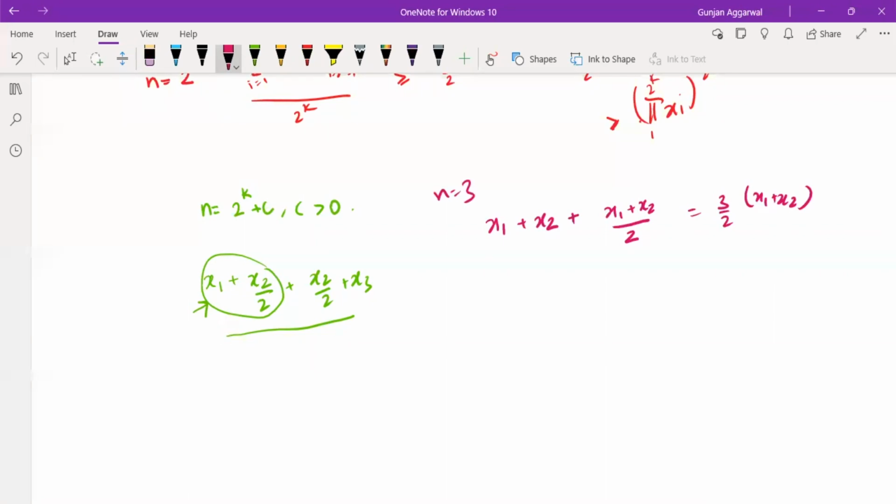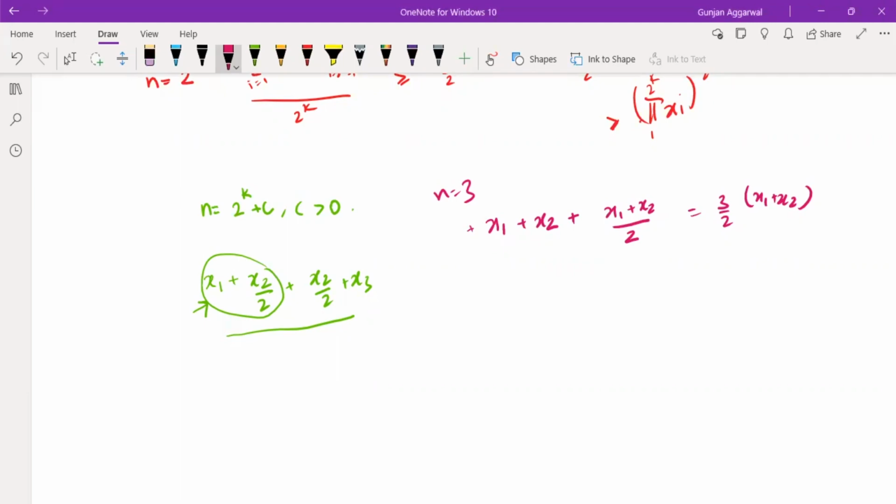But let's take n equals 3 for now. Wait, I'm sorry.